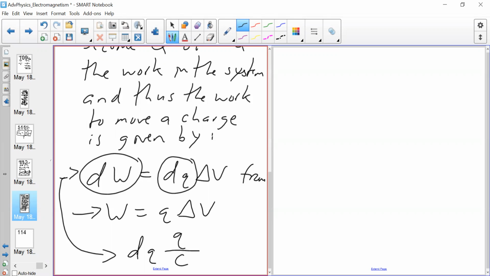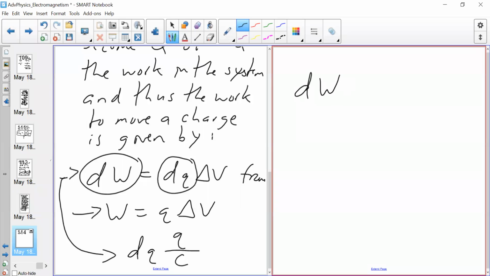So we have dW equals 1 over C, integral from 0 to Q. Now, it doesn't matter positive or negative Q, because we're talking about magnitude. Each plate is going to build up to Q, positive or negative. And this integral here becomes Q dQ.